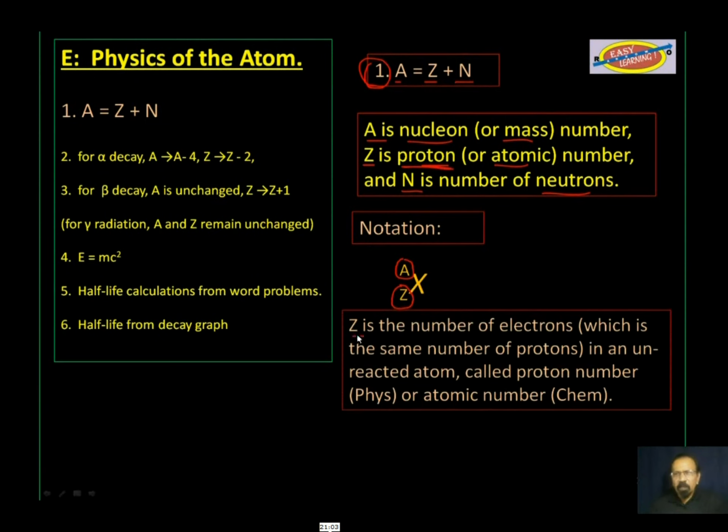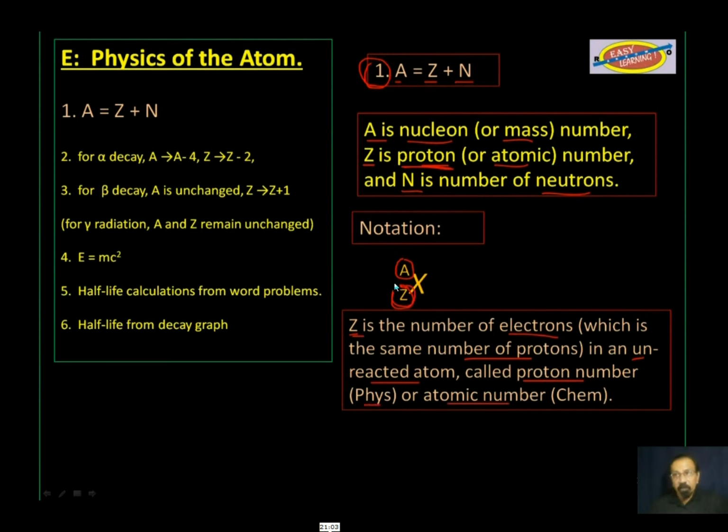So Z is the number of electrons, which is the same as the number of protons in an unreacted, a neutral atom. It is also called the proton number in physics and the atomic number in chemistry.